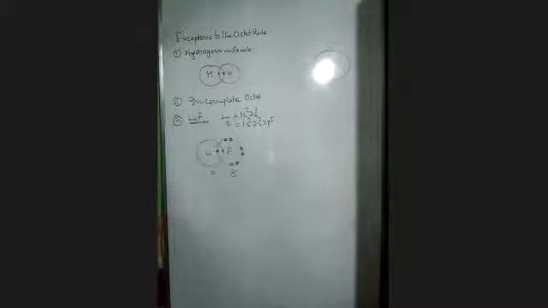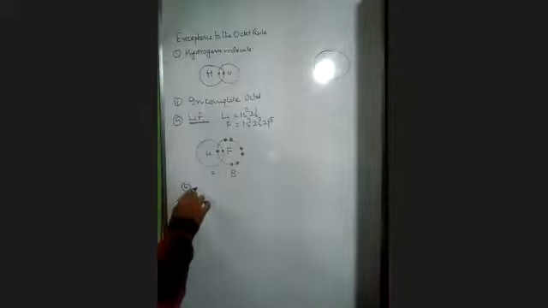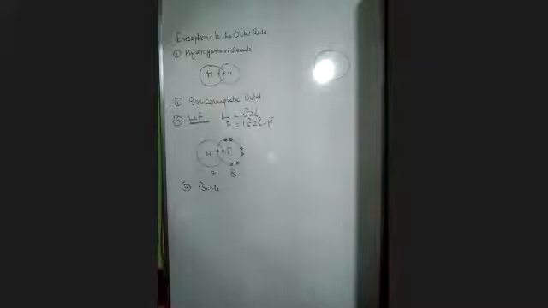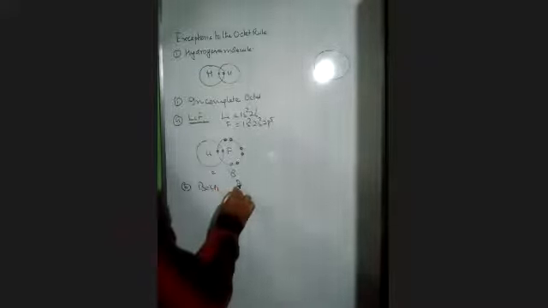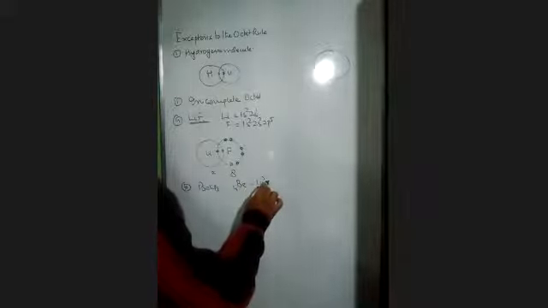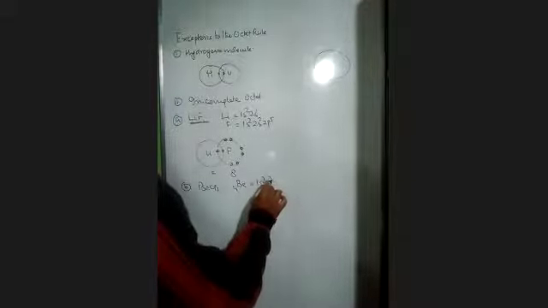Let me go for the second example, beryllium chloride. Beryllium is 4: 1s2, 2s2.